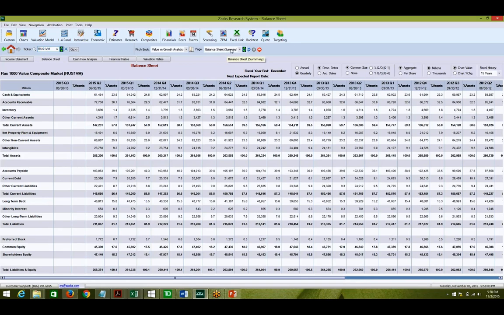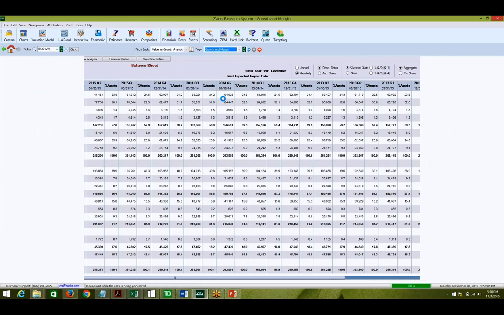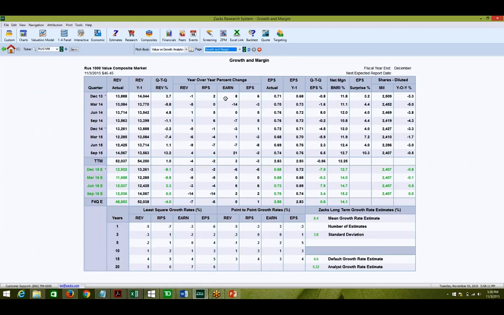And so going back to that growth and margin page, we can take a look at what the projections are for the actual growth. Similarly to what we saw earlier with value stocks' faltering growth, we also see here that analyst forecasts are fairly dismal at -7% revenue contraction and a 1% earnings per share growth.